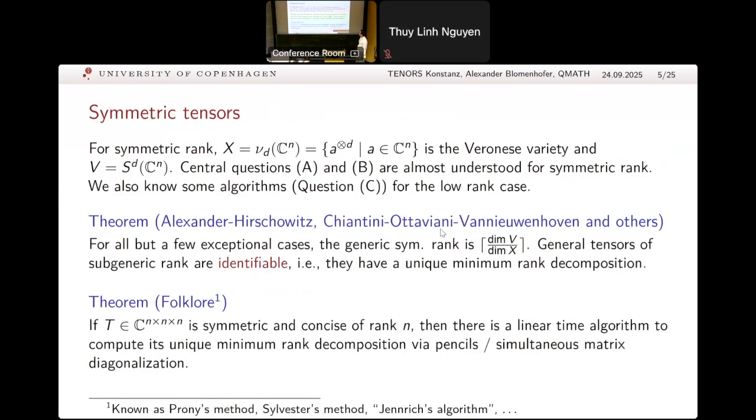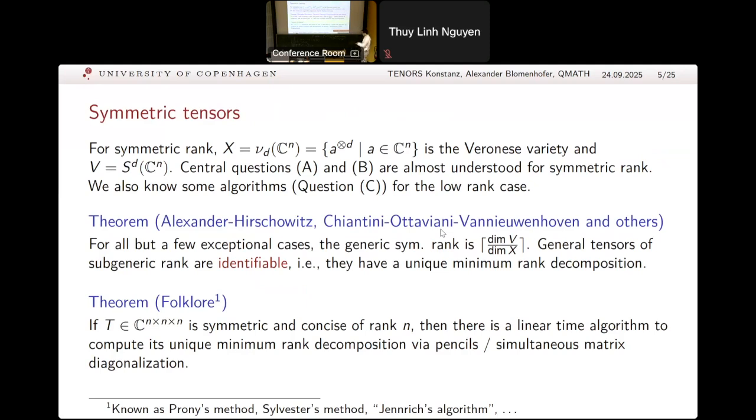All right. So for symmetric tensors, we know a lot of stuff. We have an almost complete answer to questions A and B, in the sense that for the generic symmetric rank, we take the V where our symmetric tensors live, which is just the d-th symmetric power of C^n. And X is the d-th Veronese embedding of C^n, which is all rank 1 tensors which are symmetric.